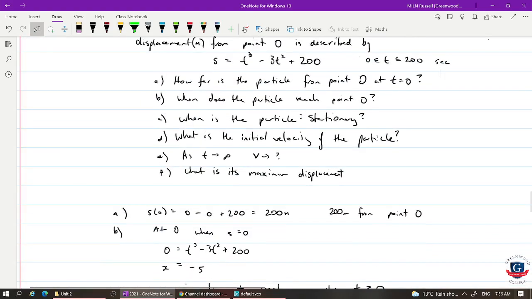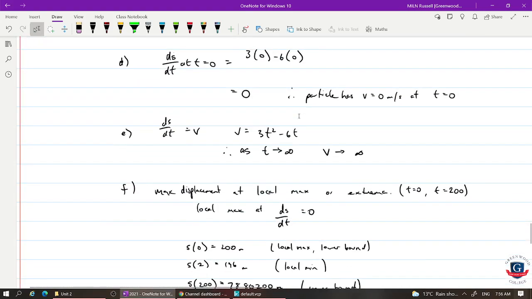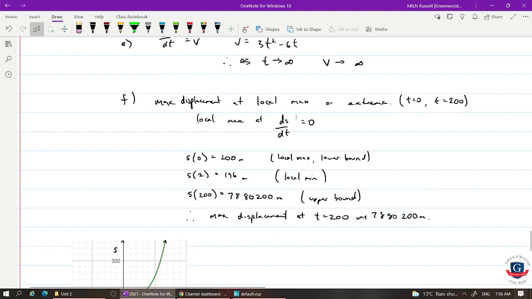F, what is its maximum displacement? Its maximum displacement is either going to be at the local max or at the extrema. So we're going to test all three. The local max is also the lower bound at 0. So that's going to be 200 meters. At S(2), the local minimum, it's at 196. So it's not going to be that one either.